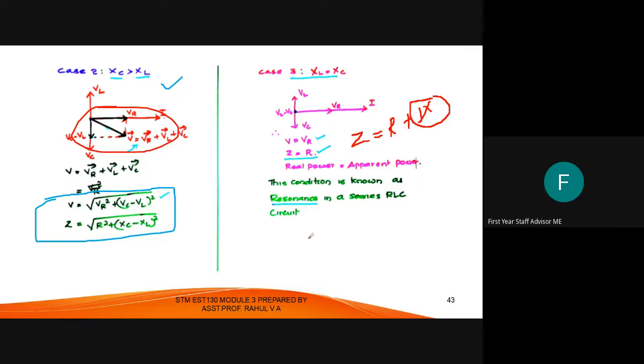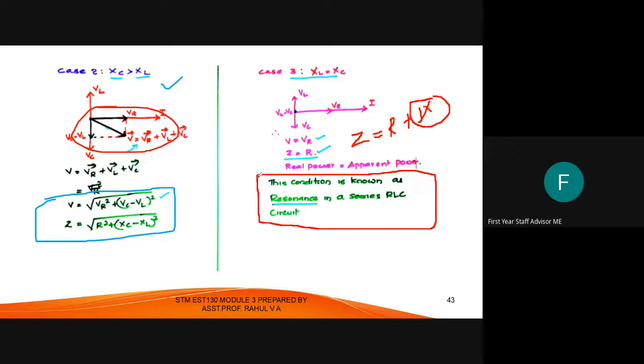And one important point you have to know is that this condition, where an RLC circuit works exactly as a resistive circuit, is called resonance. Note that point down.